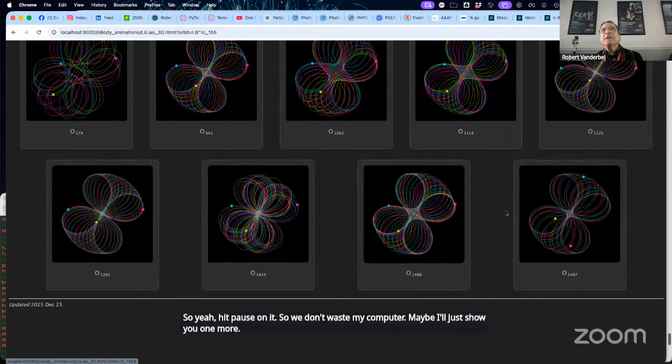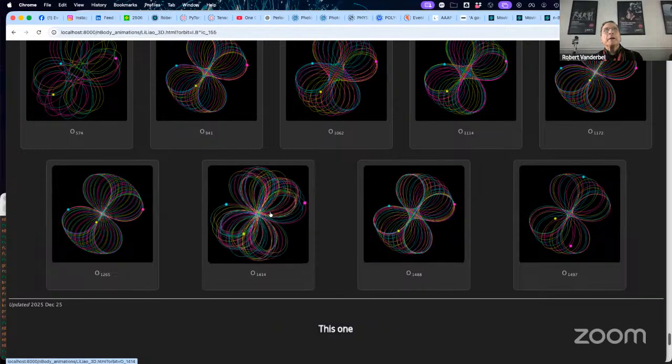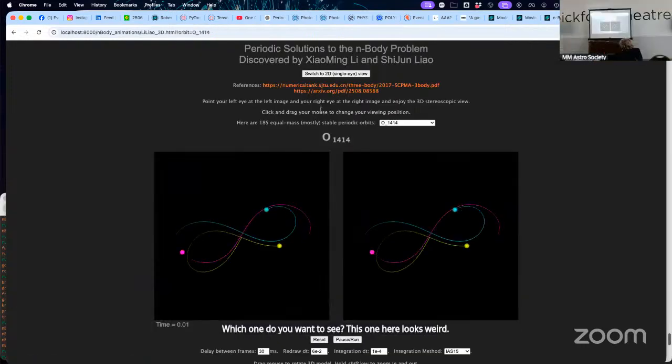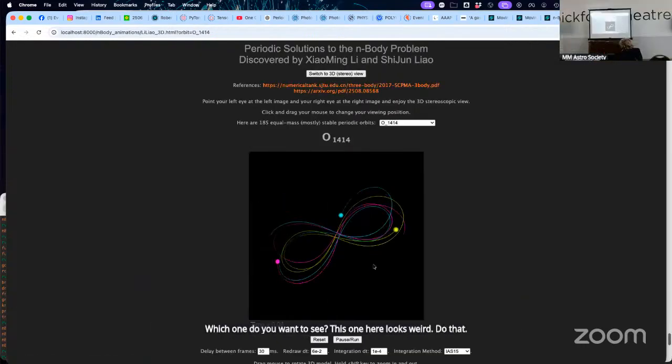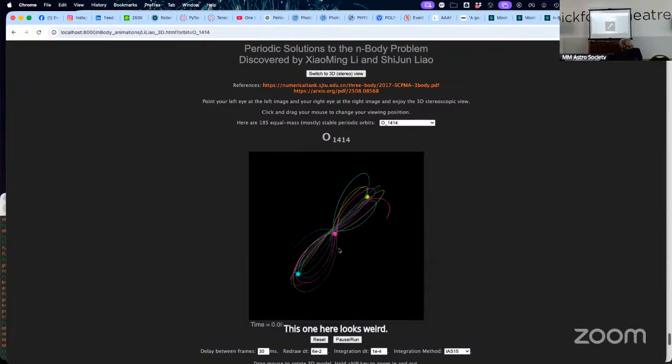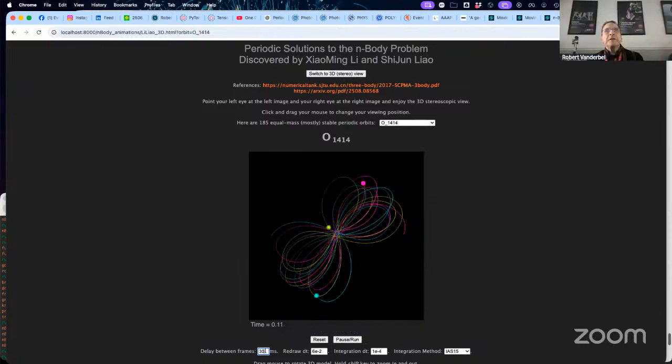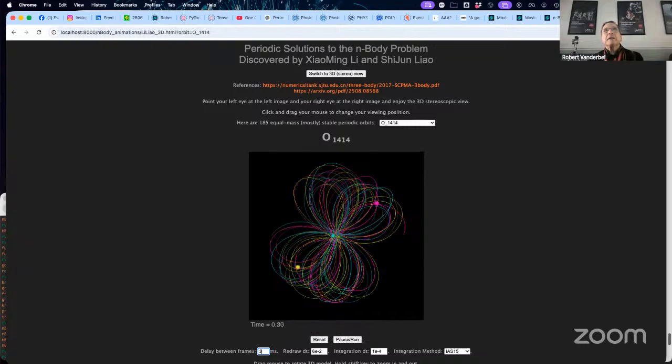Which one do you want to see? This one here looks weird. Do that. Let's speed it up so it fills in quicker. So the geometry doesn't look as similar to each other as the other ones did, although in some sense it's a similar structure.